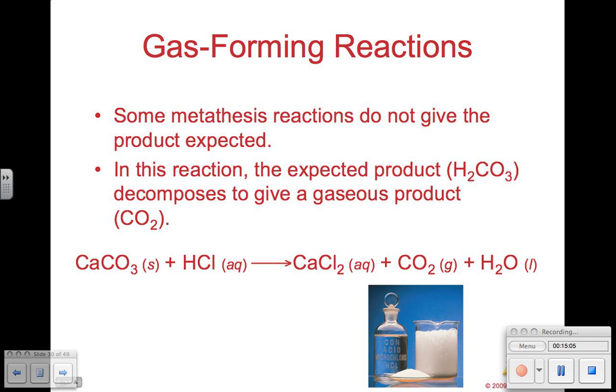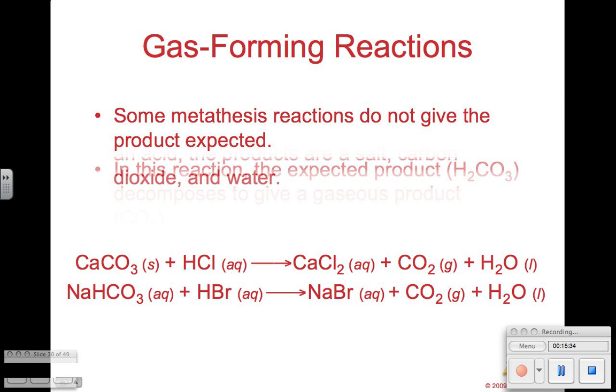The predicted product would be H2CO3, but that doesn't last, it just decomposes immediately the minute it forms, and so then you end up having CO2 coming off, and you have the calcium chloride left behind. So a slightly different product versus what you would expect with the HCl and a compound.